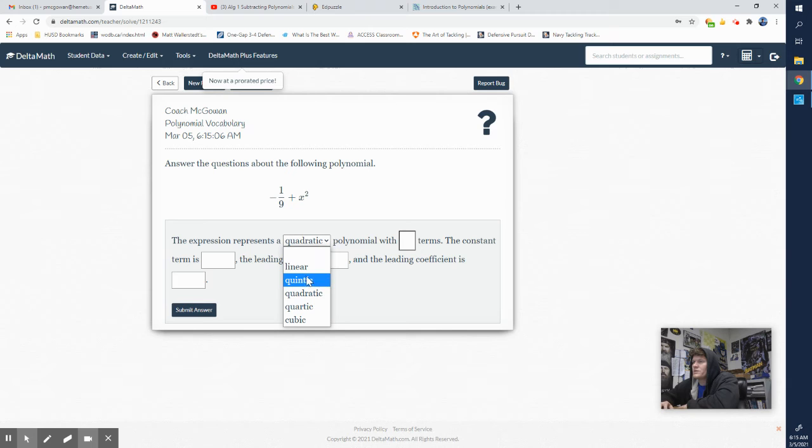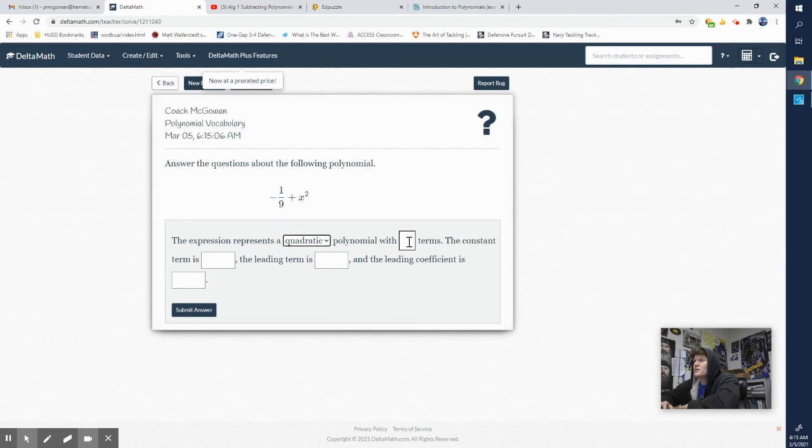Let's talk about this really quick. Linear was an exponent of 1. Quadratic, exponent of 2. Cubic, exponent of 3. And then I'll tell you right now, quartic is 4, like a quart. And then quintic is 5. But for us, we only need x squared, so we'll keep it as quadratic.